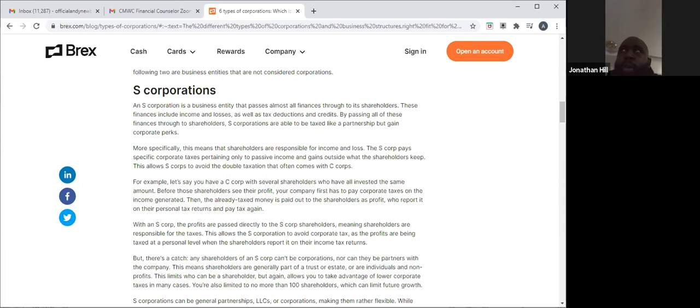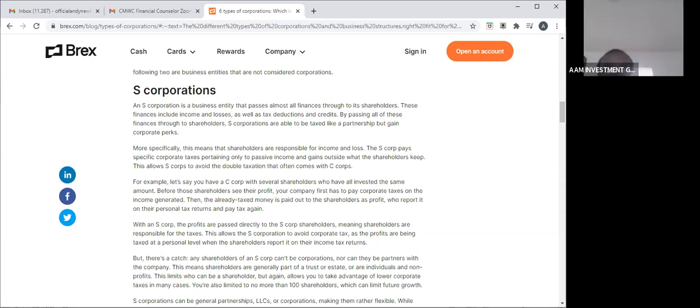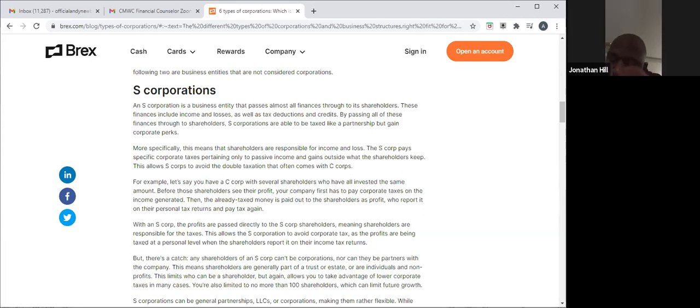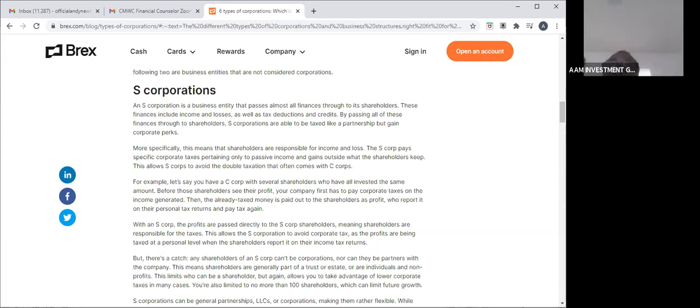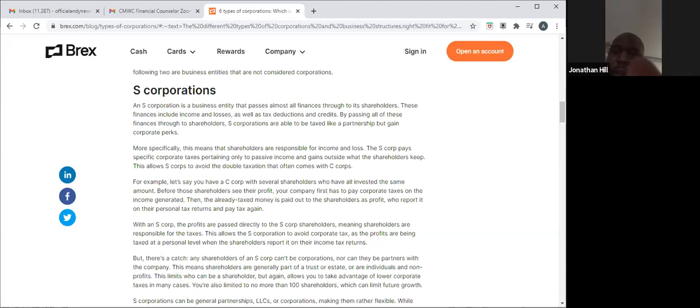So when they mean by shareholders, that means the owners, right? The owners. Remember, a corporation, even though you might be the only person that owns that corporation, simply means that you own 100 shares of the company. So that means the sole proprietor, right?